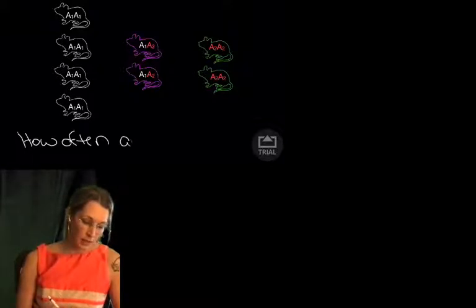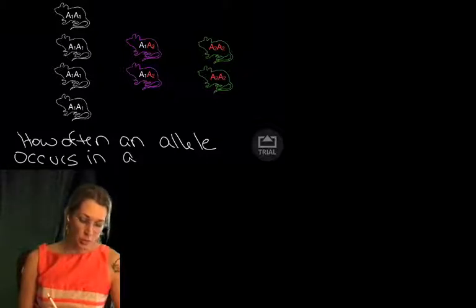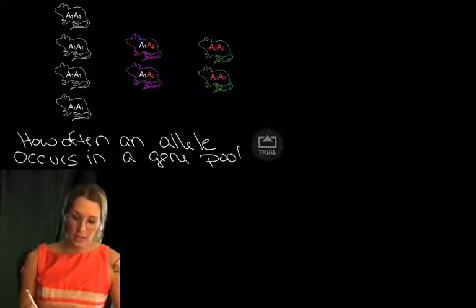Allele frequency is how often, that's the frequency, an allele occurs in a gene pool. Its definition kind of has its name in it.